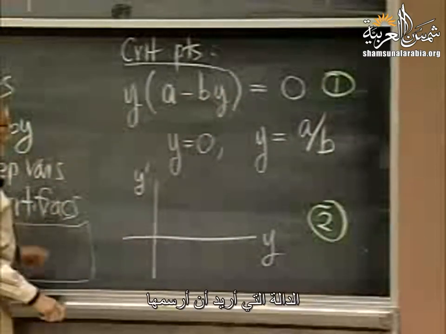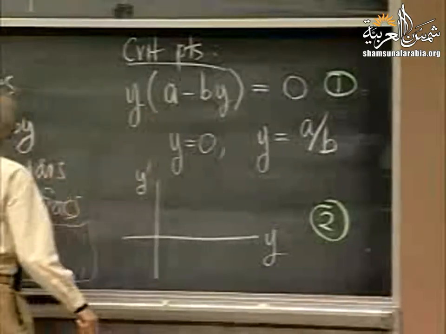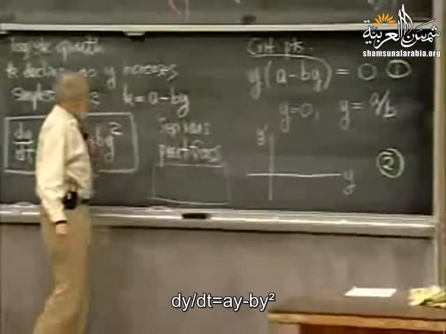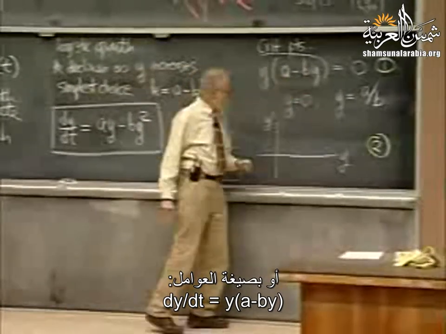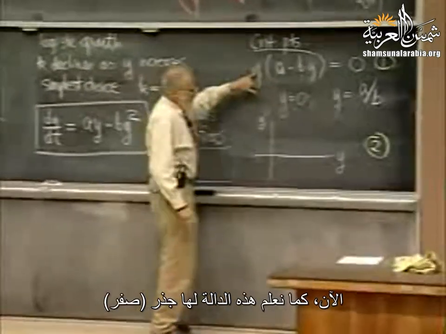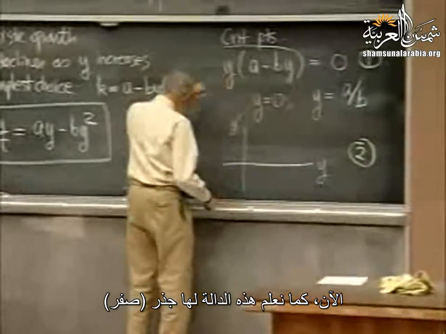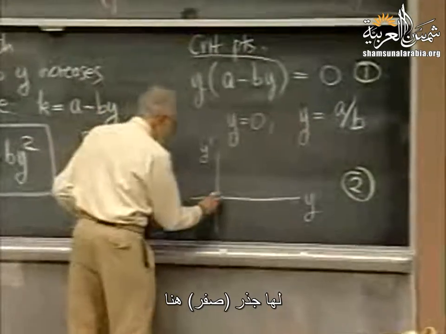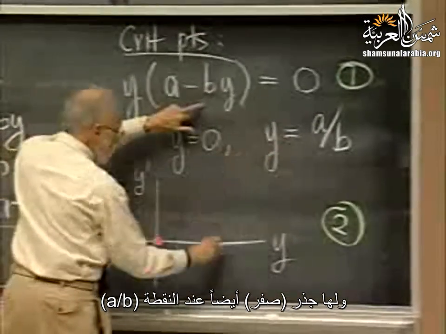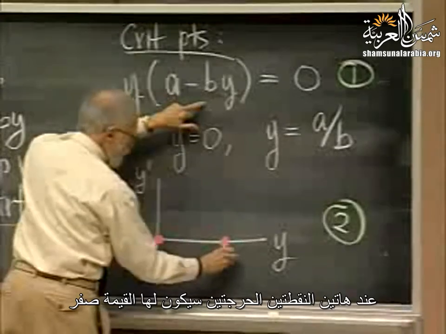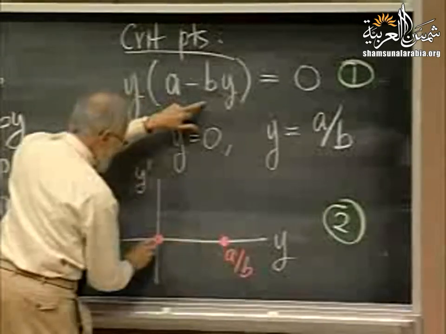The function that I want to graph is this one, ay minus by squared, or in factored form, y times (a minus by). Now, this function has a 0 here, and it has a 0 at the point a over b. At these two critical points, it has a 0.